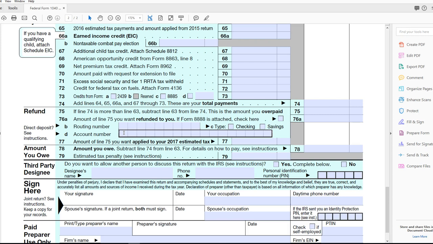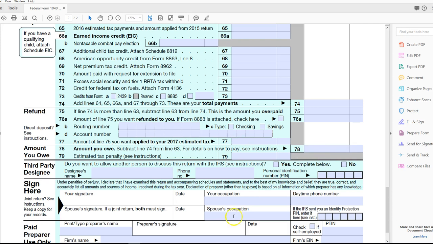Or alternatively, you could apply some of your estimated taxes. If you overpaid and didn't want to get paid for it right away, you could apply it to next year, 2017. And then if you still owe at that point, it would show up on line 78.